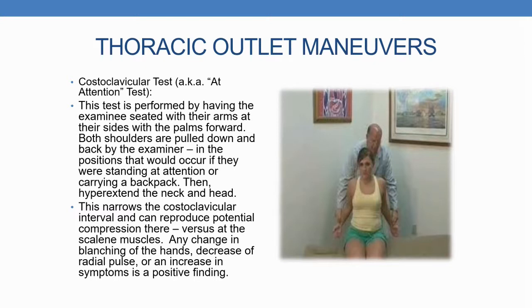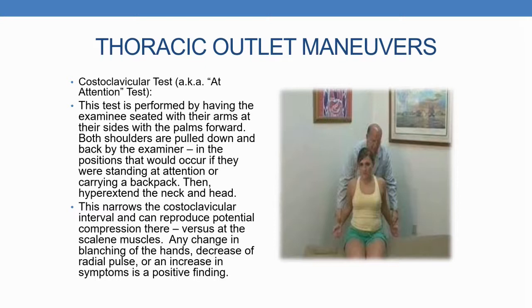Then you, as the examiner, pull down and back both shoulders in the positions that would occur if they were standing at attention, or, for example, if they were carrying a backpack. The purpose of this is to depress the clavicle and compress the clavicle down onto the first rib.